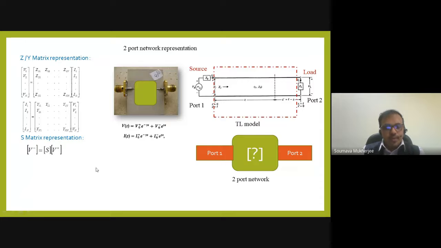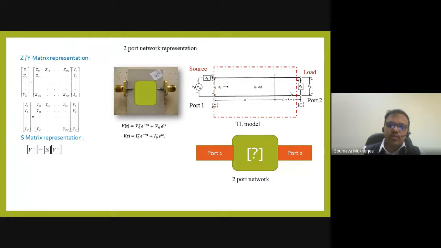Okay, because as I said, one example is this ratio of the reflected voltage to the incident voltage wave, which is called reflection coefficient, so that is actually constant.